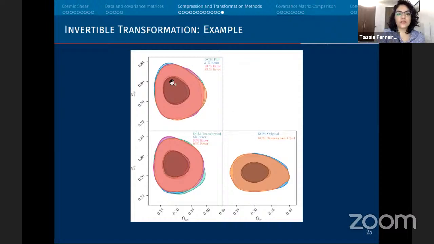So for these results here, we are taking covariance matrices that are very, very different from each other. They have elements differing by several orders of magnitude. And we're using the original data set, and we see that there's virtually no difference between these constraints.